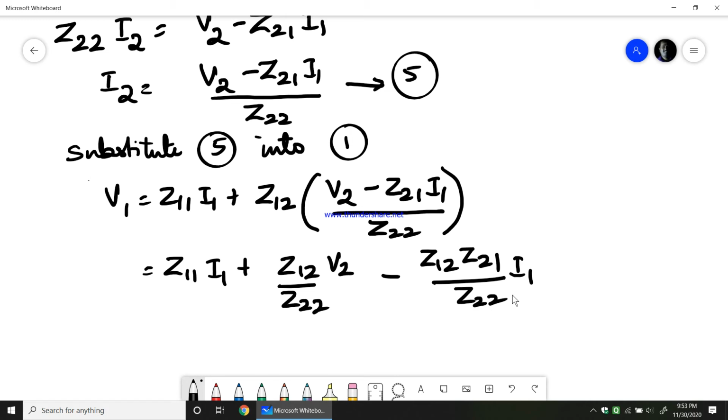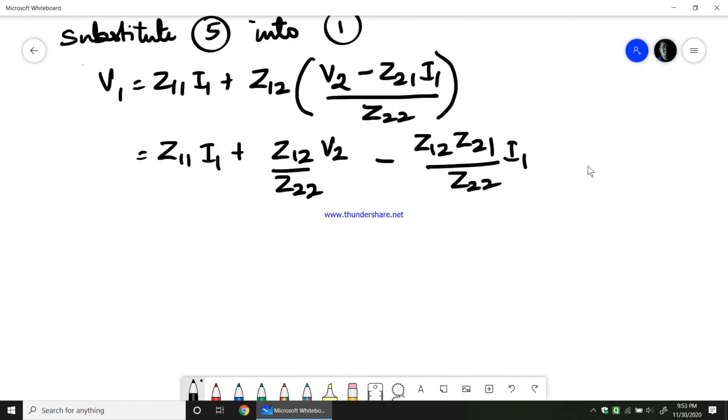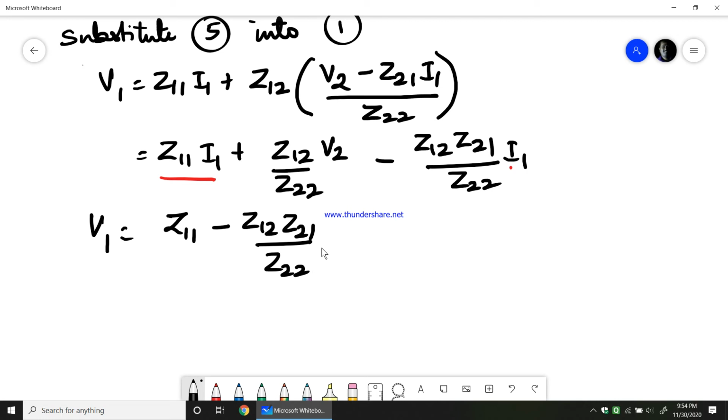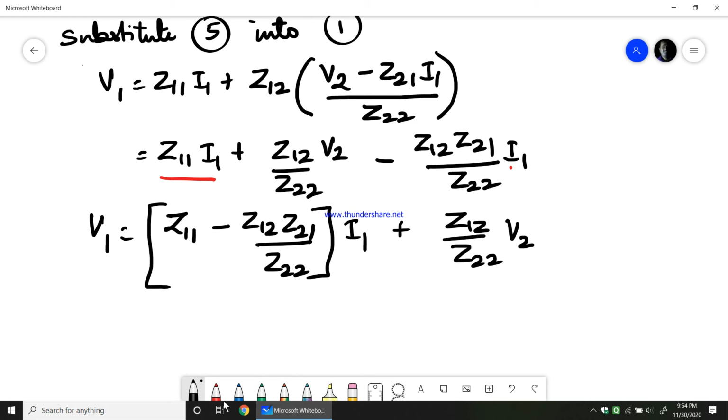I have separated V2 and I1 separately by dividing by Z22 for both and also multiplying by Z12. So now we can see this as I1, this as I1, so I'll take I1 common. Therefore V1 would be equal to Z11 minus Z12 Z21 by Z22, whole thing into I1, plus Z12 by Z22 into V2.